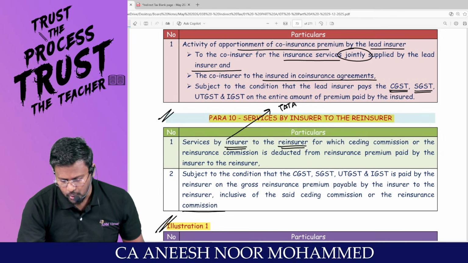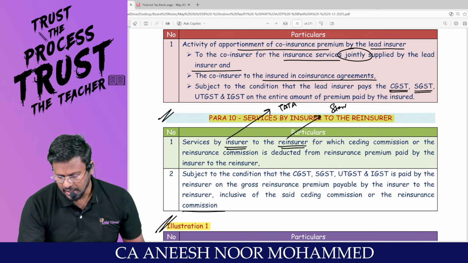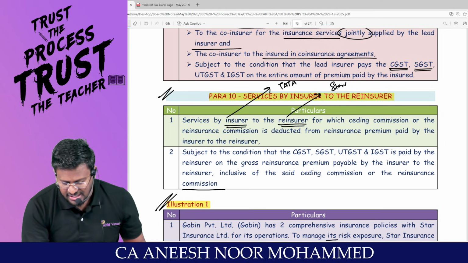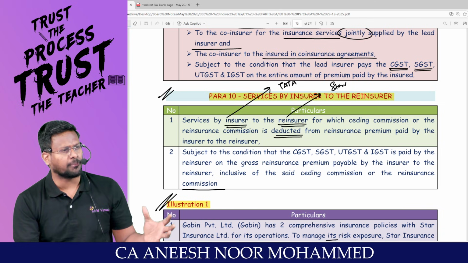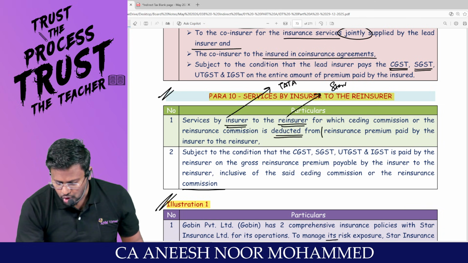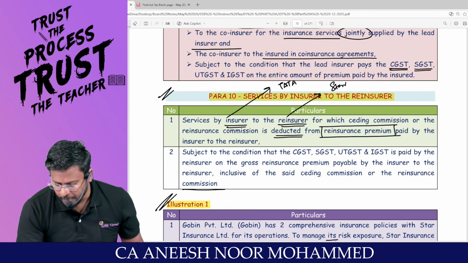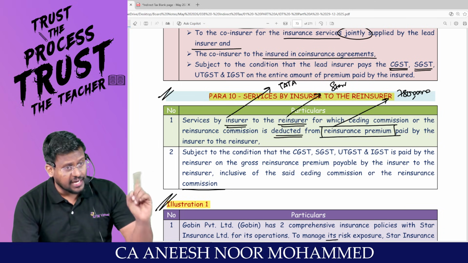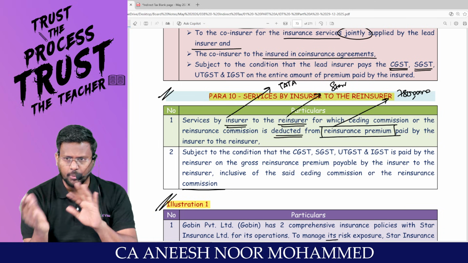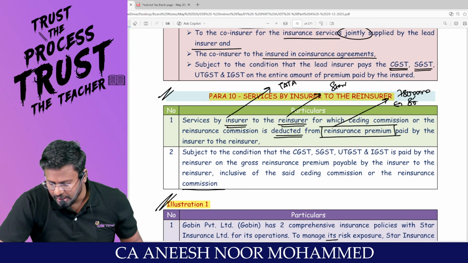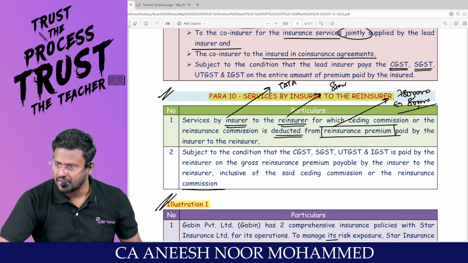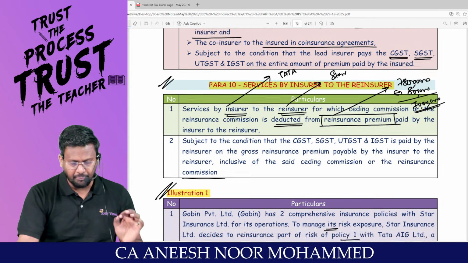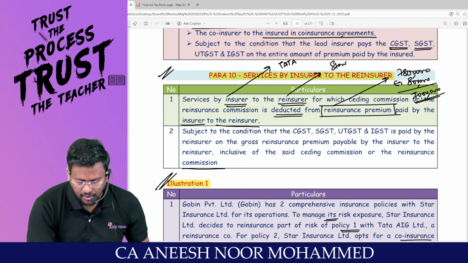Who is the reinsurer? Star. Sir, ceding commission or the reinsurance commission is deducted from which premium? Reinsurance premium. Sir, actually, Star is supposed to pay 78 lakhs to Tata. But Tata is liable to pay 8 lakh to Star. Are you able to appreciate? So, if you reduce 8 lakh rupees from 78 lakh, you can pay only how many lakh? 70 lakh.